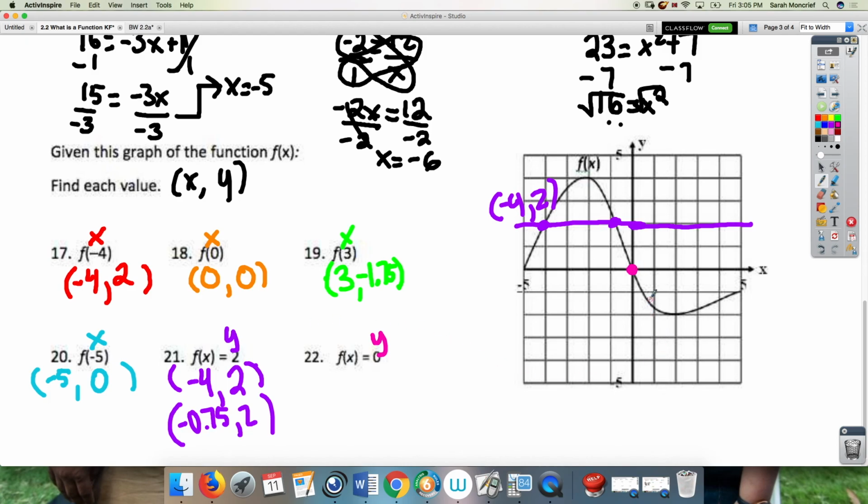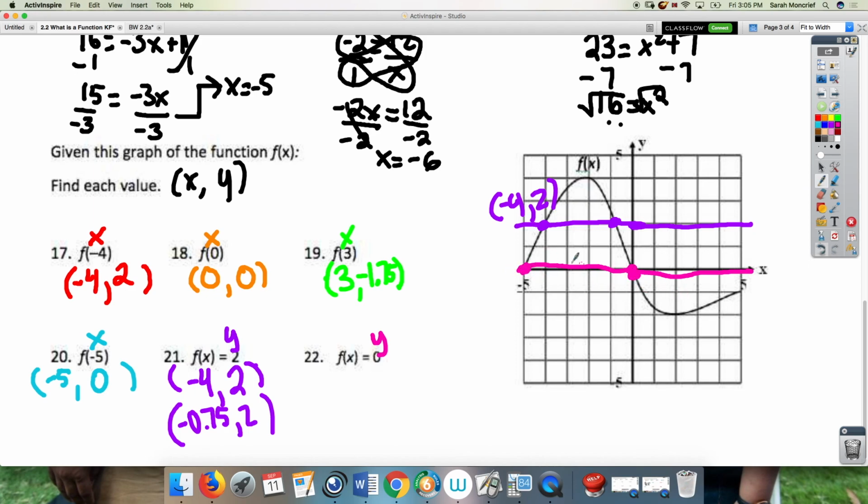If we need to find x, are we going to look left and right or up and down? Left and right. So we need to draw a line going all the way left and all the way right. Now, how many places does my pink line touch the curve? Twice. One here and one here.